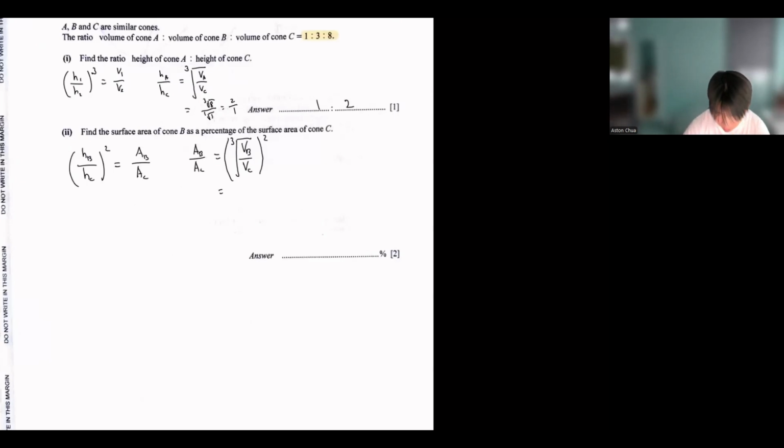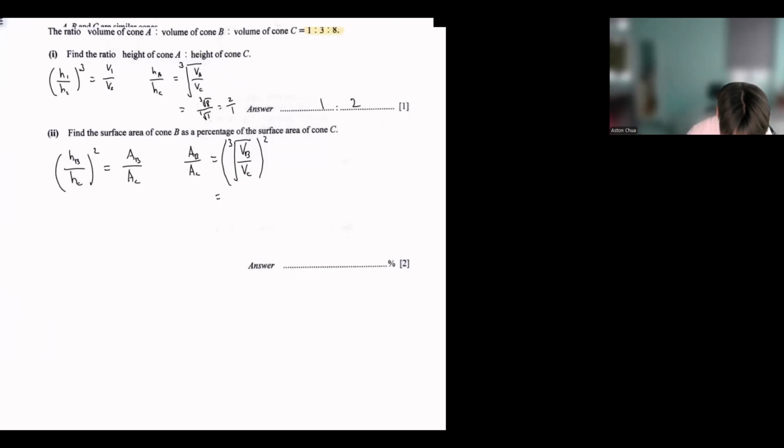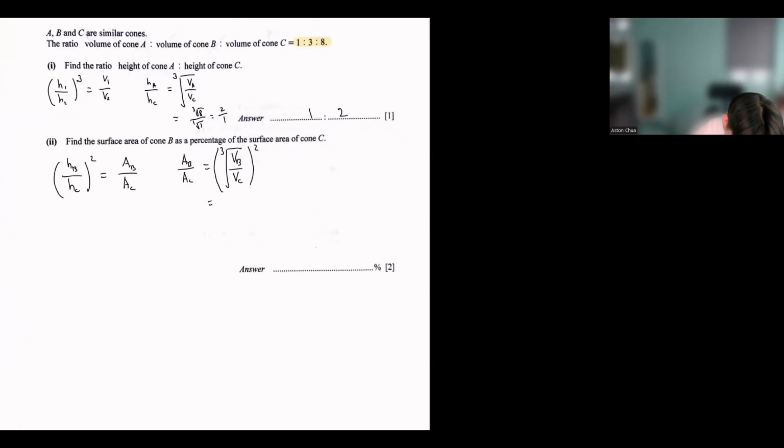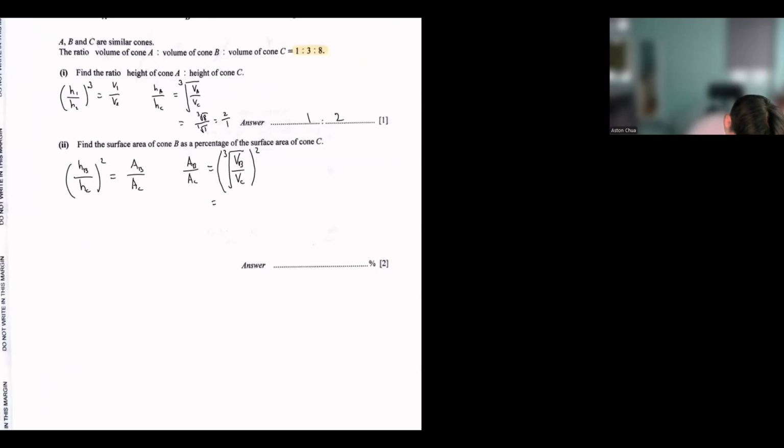So that will give us cube root 3 over cube root 8, then you square.